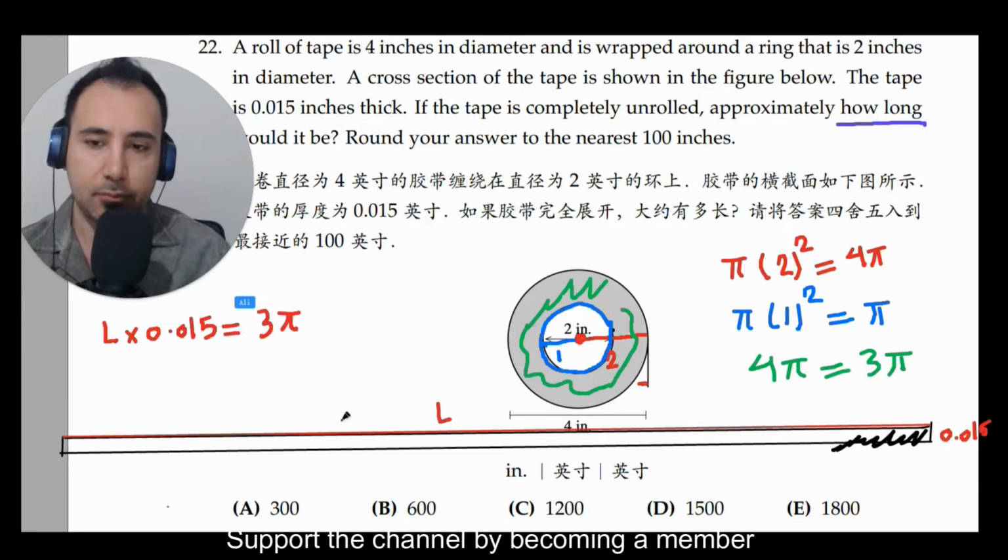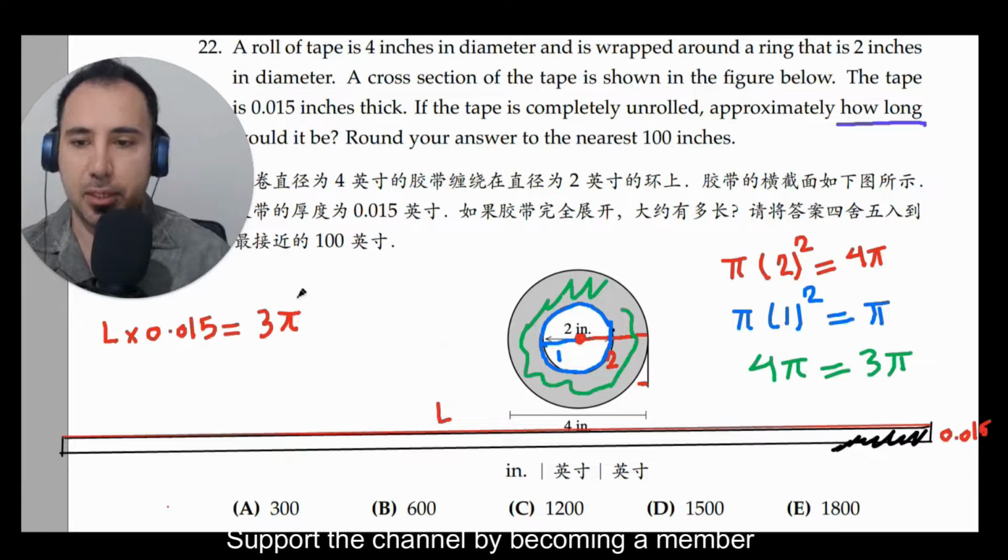Okay. Now, to make the question easier, instead of pi, I'm going to go just 3 because this is an approximate question. So this will be 9. So all we really have to do to find L is divide 9, or we divide 10.